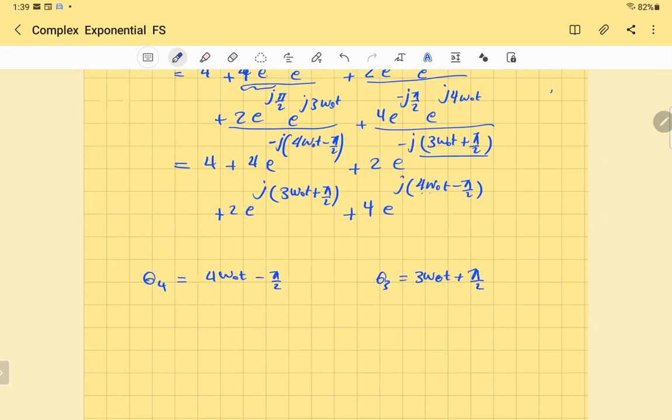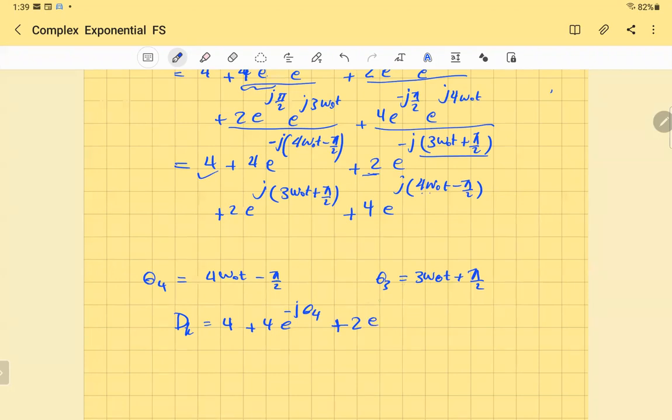Now I'll write the equation in clean form. So I will have dk equal 4. Then the second 4 will be 4 e power minus j what? 4 omega naught t minus pi over 2, theta 4, right? All right. Now I'll move to the other term. This one, 2 e power minus j 3 omega naught t plus pi over 2, which is theta 3.